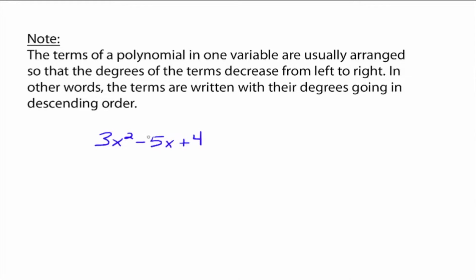Here's an example. 3x squared, the degree for this monomial is 2. Minus 5x, the degree of this monomial is 1. Plus 4, and the degree of this monomial is 0. So the degrees, 2, 1, 0, go in descending order. That's the preferred way that we write polynomials.